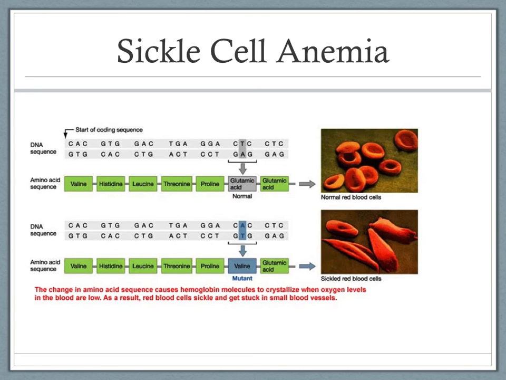A mutation occurs by switching the DNA sequence from a T, a thymine, to an adenine. The result is, instead of a glutamic acid in the primary sequence of the protein, a valine, a nonpolar amino acid, is inserted. Notice the change in the shape of the red blood cells, and we previously talked about the increased propensity for excessive clotting, which can lead to situations like strokes.